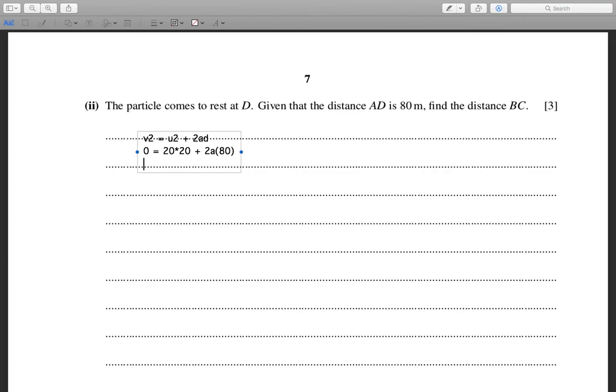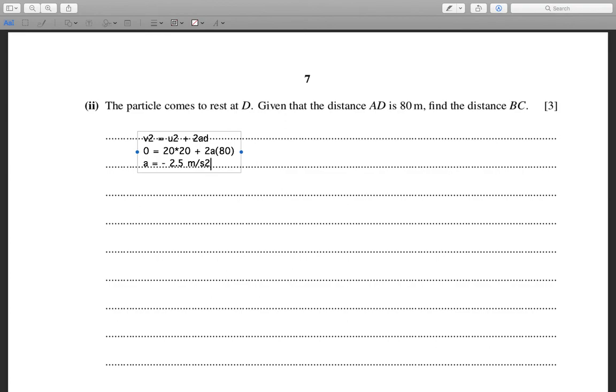So we get a is negative. Using the calculator, 400 divided by 160 is 2.5 meters per second squared.